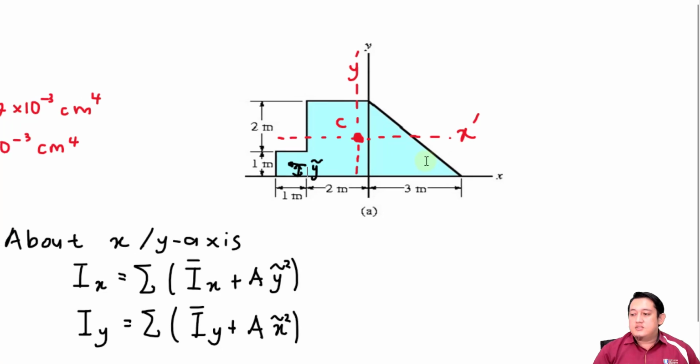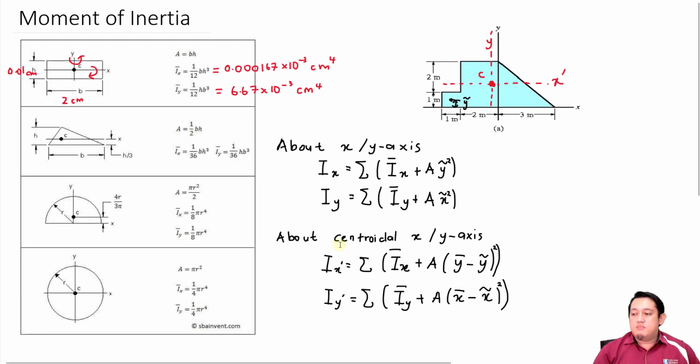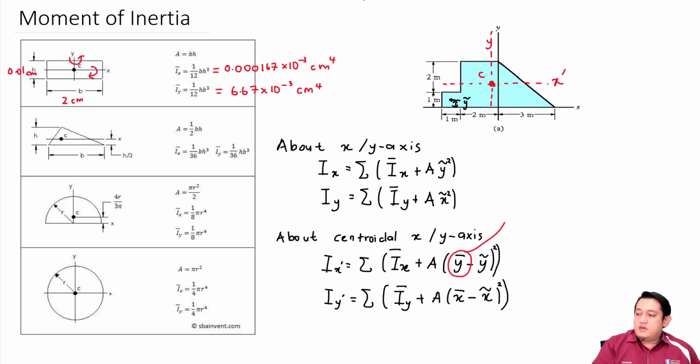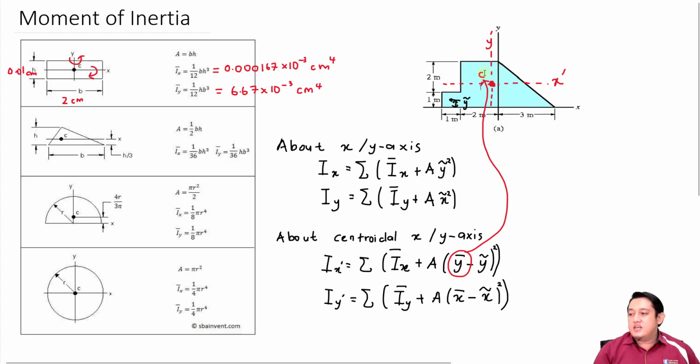And then the same goes for the one about the centroidal X or Y axis, this X prime and also Y prime. The difference here is this one. So what is this one? This y bar here refers to the centroid for the whole area.